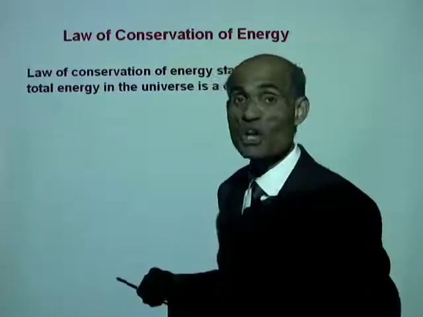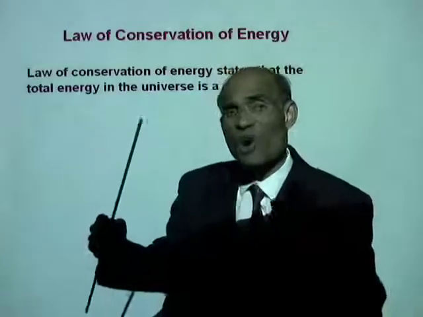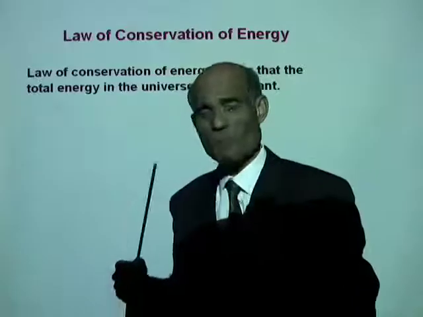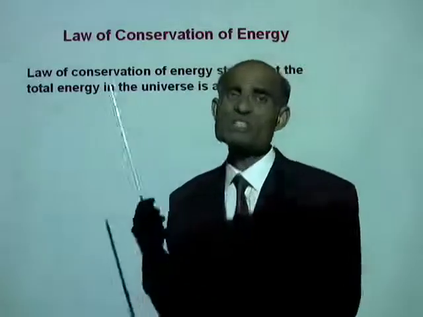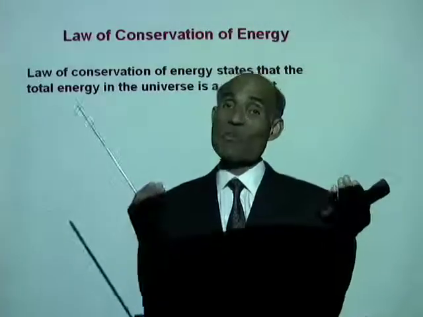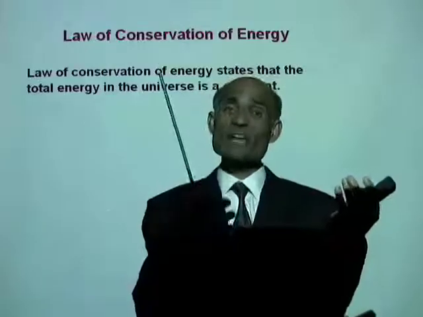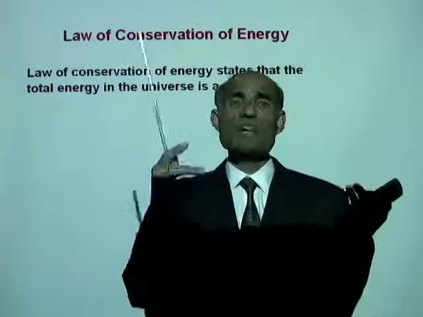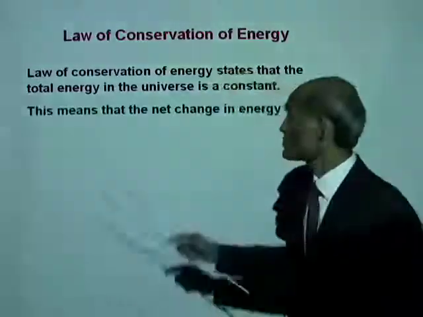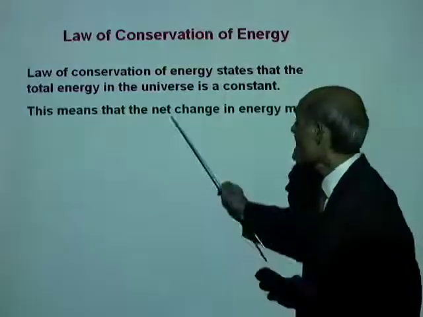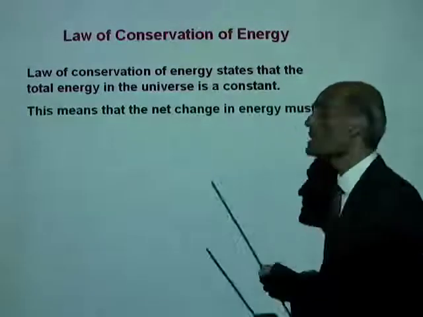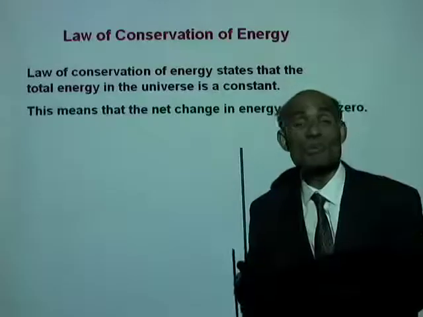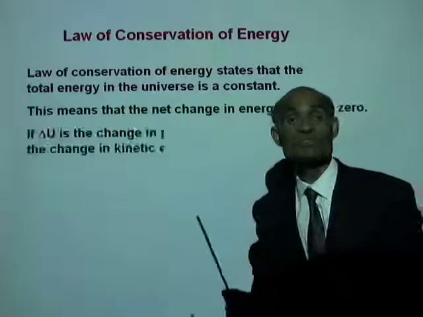So potential and kinetic energies are called mechanical energy. Mechanical energy, just to distinguish it from other forms of energy called chemical energy, electrical energy, and so on. So this means that the net change in energy must be zero. The net change is zero.